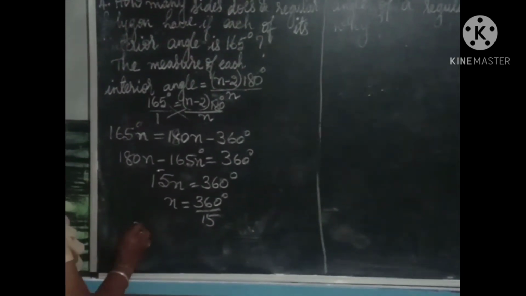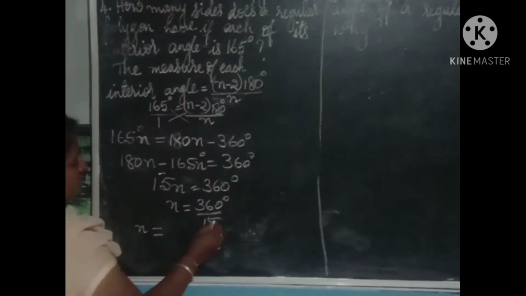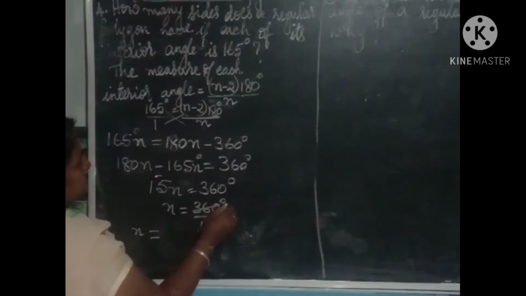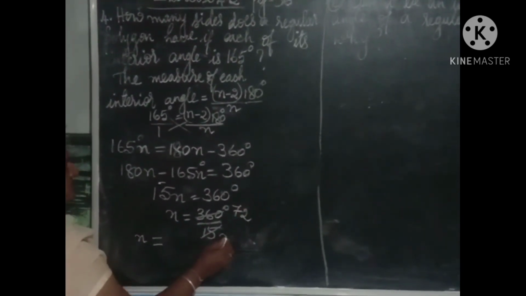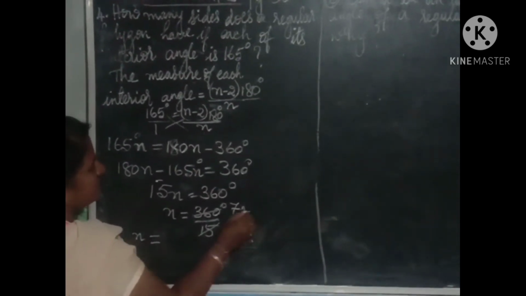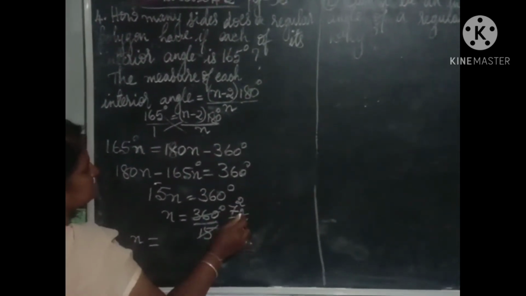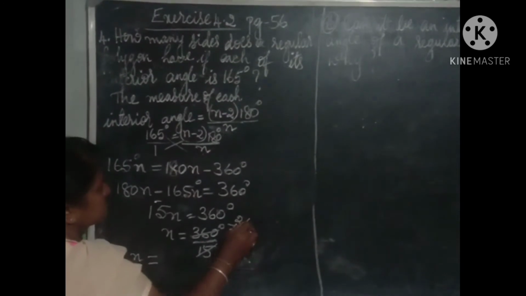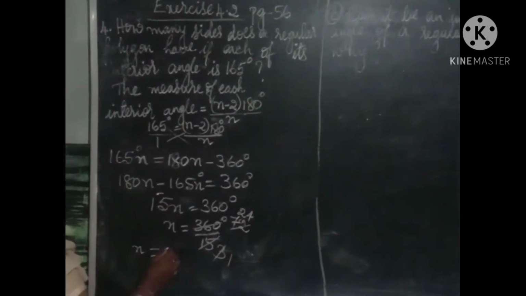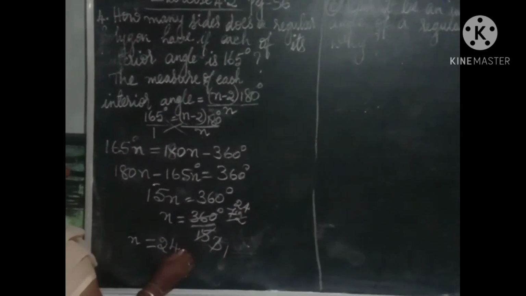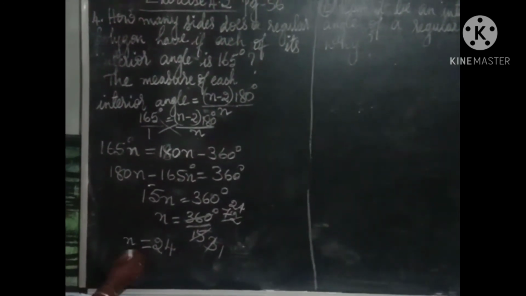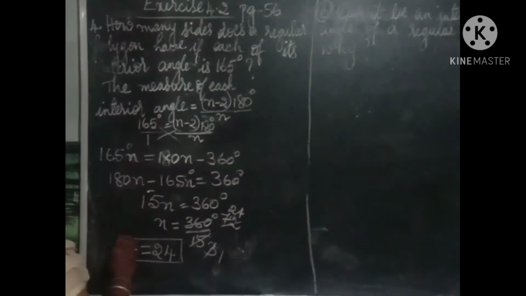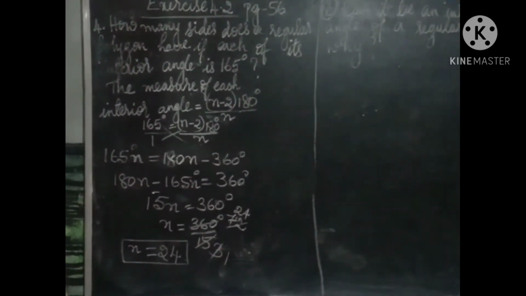So how much do you get here? 5 3s are 15, 5 7s are 35, 5 2s are 10. Again, 3 1s are 3, 3 2s are 6, 3 4s are 12. So n is equal to 24. So how many sides? The number of sides is 24. This is the answer.